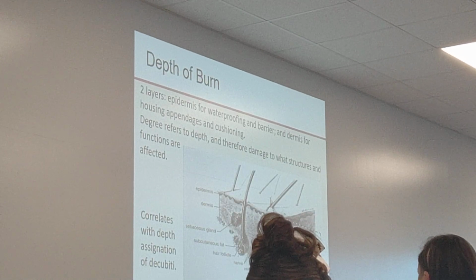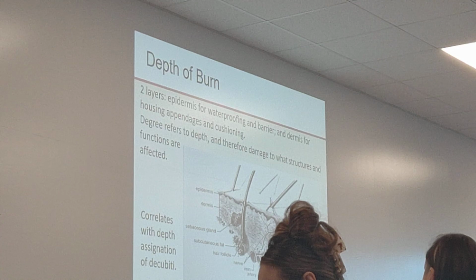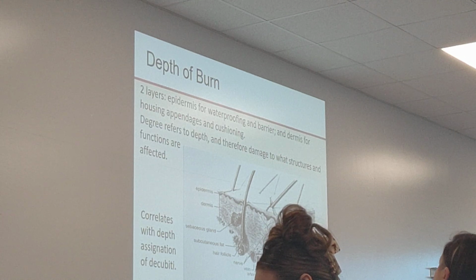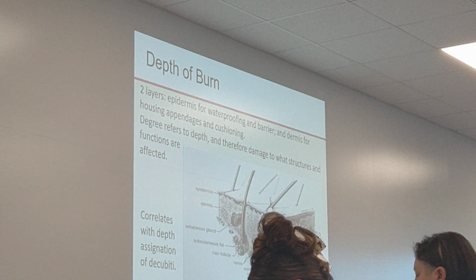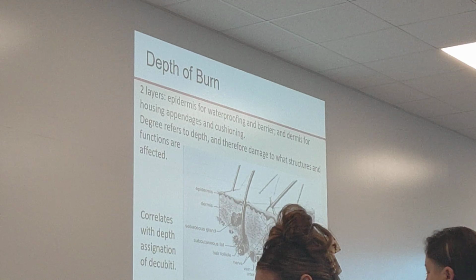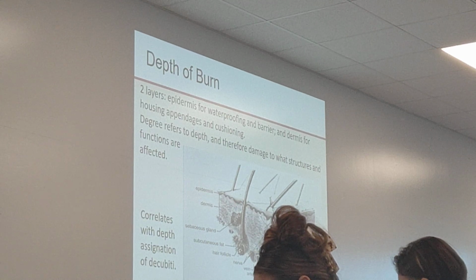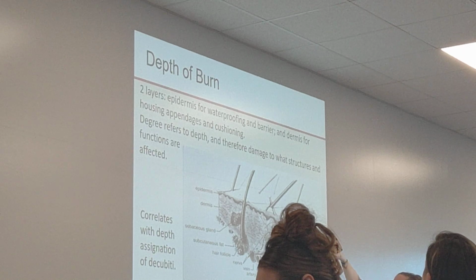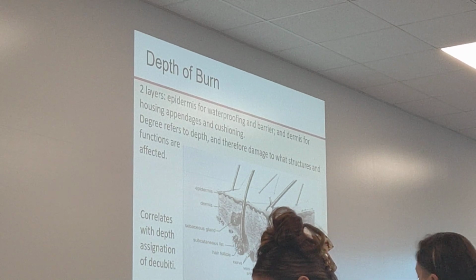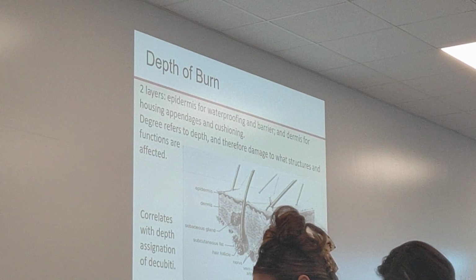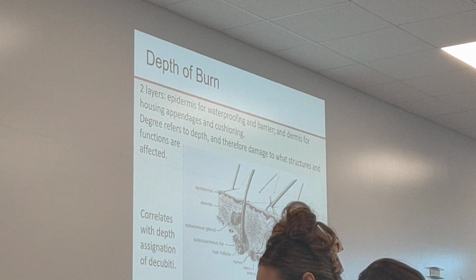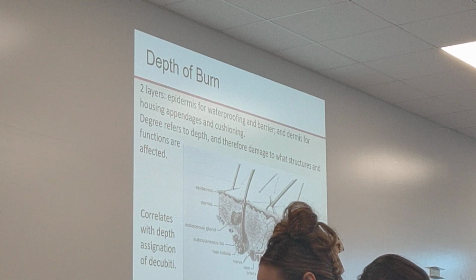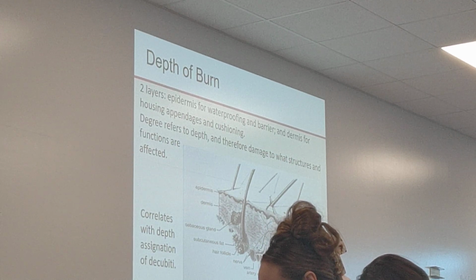Alright, so kind of going back to A&P, the depth of the burn determines what layer it's affecting. Normally first degree burns don't really get down to anything, it's just on the surface, in your epidermis. Then superficial second degree goes down into the dermis a little bit, but not all the way.